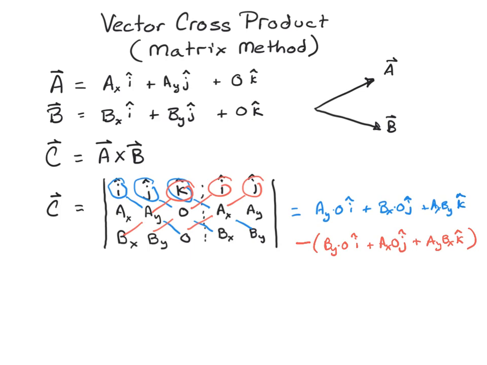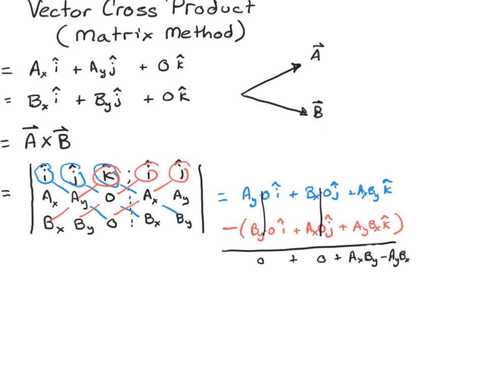So now I'm going to add those two together. I get 0 for the first term, 0 for the second term, and then the third term is going to give me something. That's going to be AX BY minus AY BX.